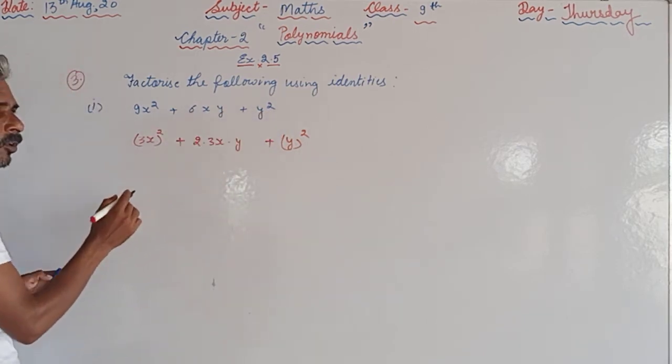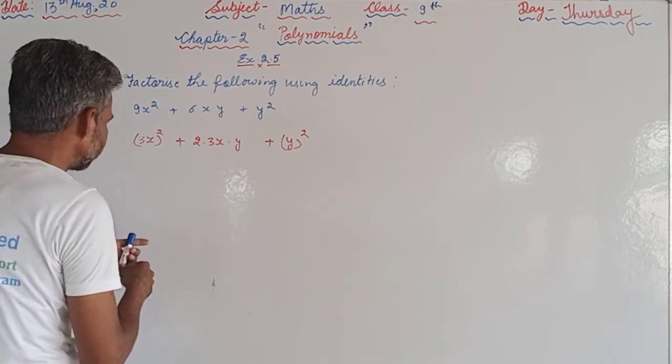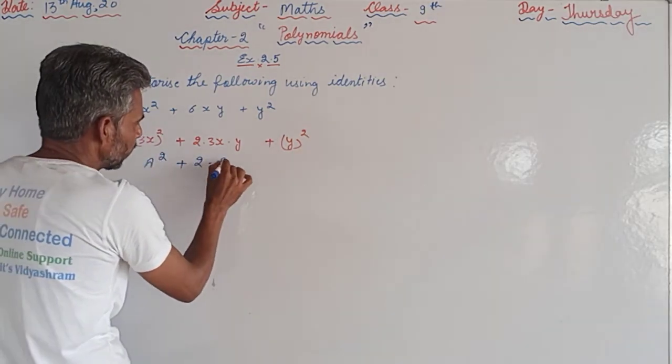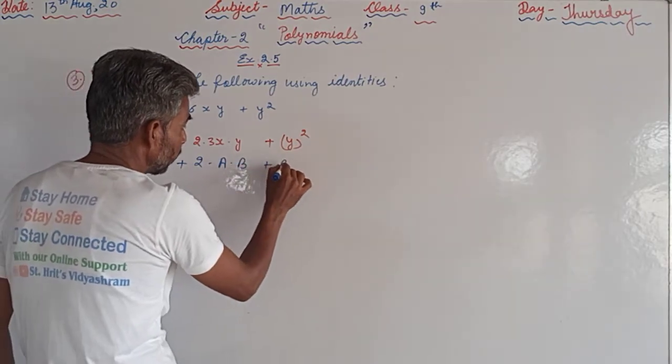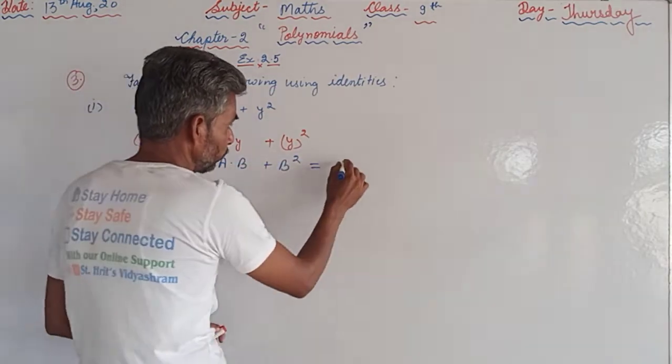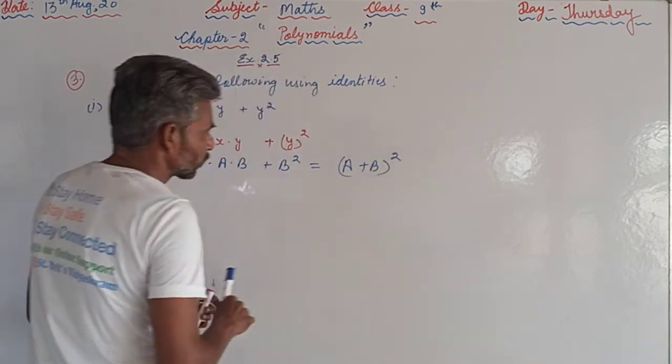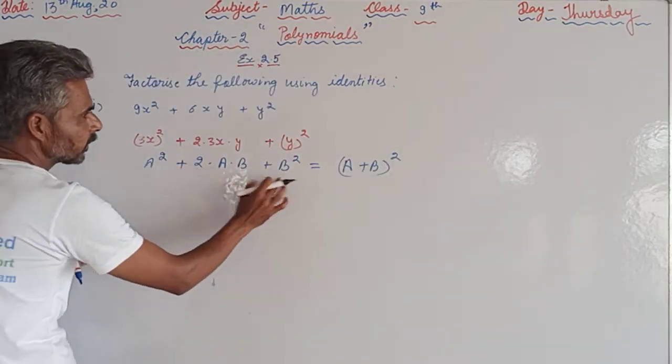So this coincides with the identity which we know, that is a square plus 2 into a into b plus b square is equals to a plus b whole square.